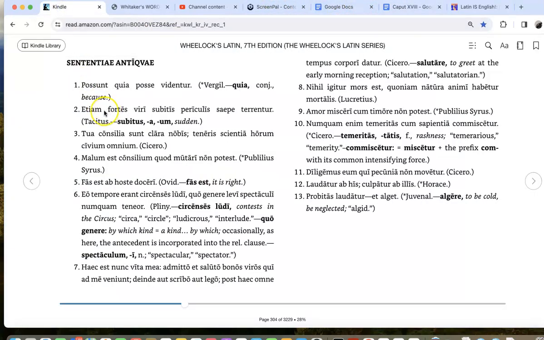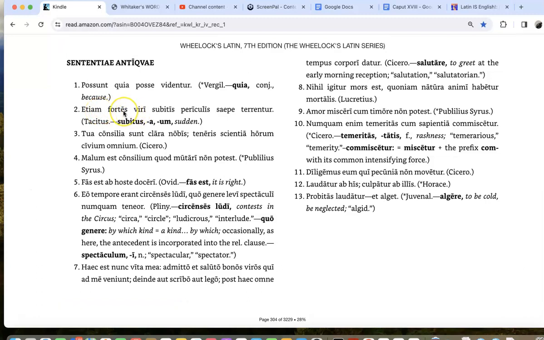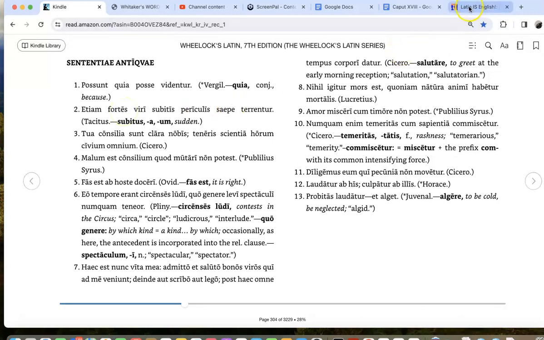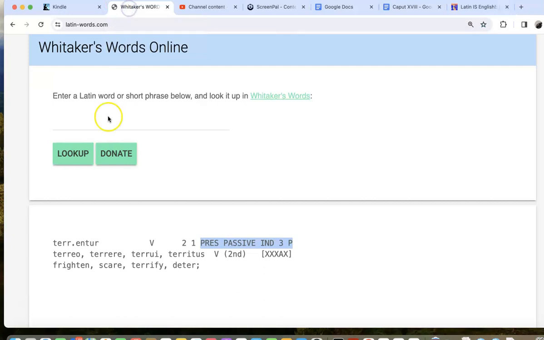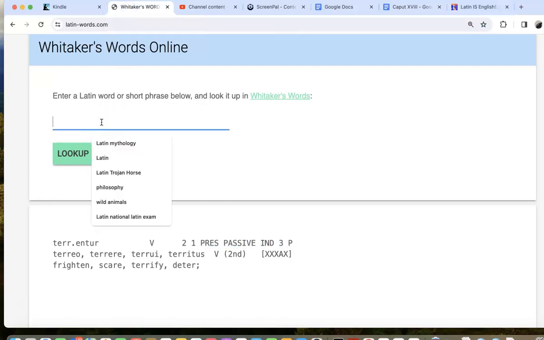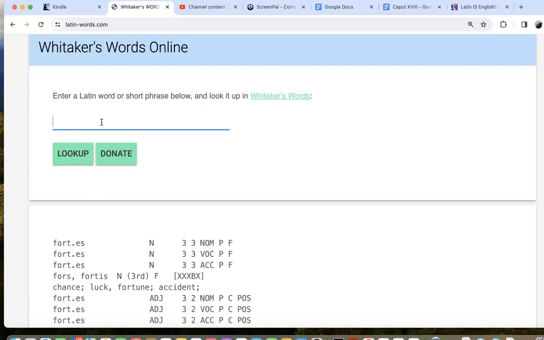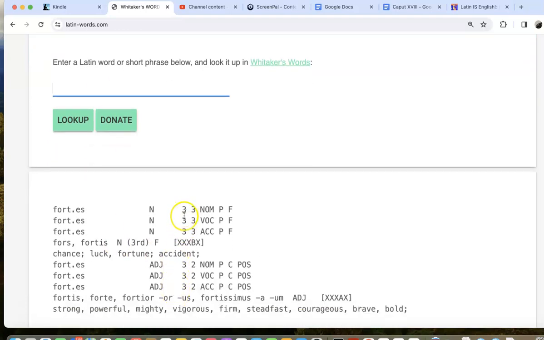Let's talk about the rest of the grammar. So etiam is just an adverb, also. Fortes is brave, and that is third declension nominative plural. As we've said many, many times, you have to learn the declensions of words, nouns and adjectives, and you can see the number 3 here tells us it's third declension.